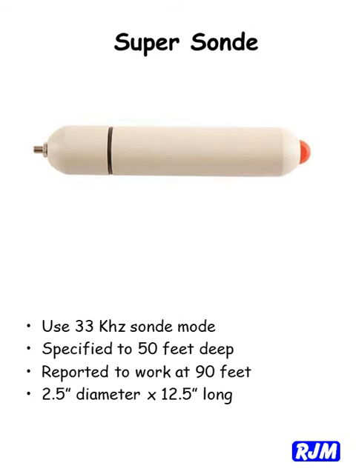The super sonde is the best choice for locating deep sewer and storm drains. Some users have reported locating the super sonde at 90 feet deep. It uses 133 kilohertz sonde mode. It's 2.5 inches in diameter and 12.5 inches long.